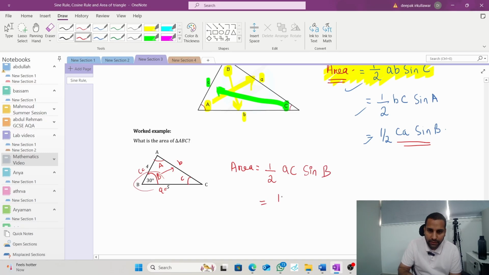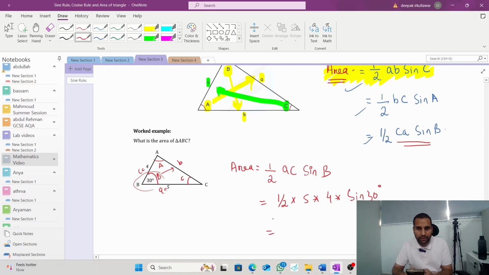Which is nothing but half. a is how much? 5, c is 4, and sine 30. Now you just need to use your calculator and get the answer. So this is half times 5 times 4 times sine of 30, you will get 5.